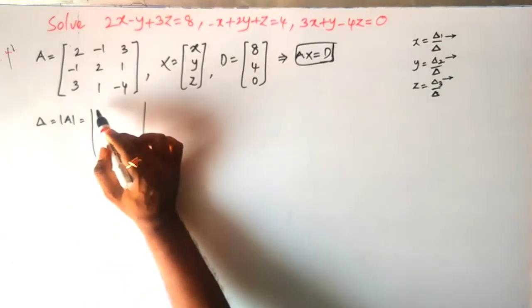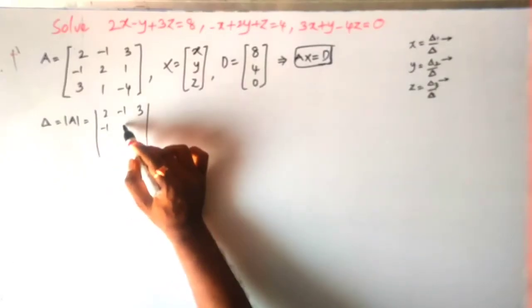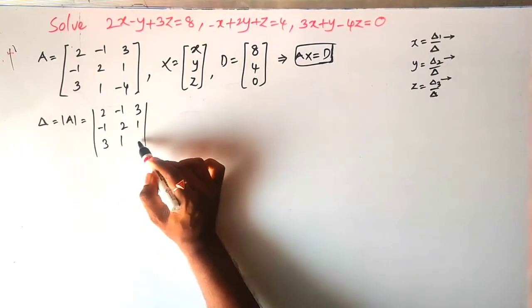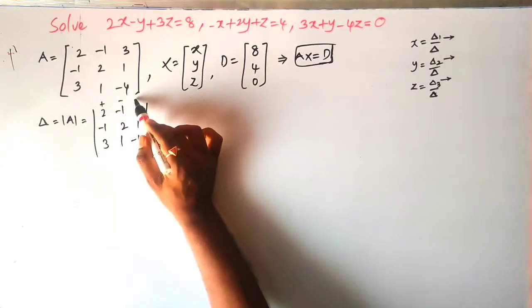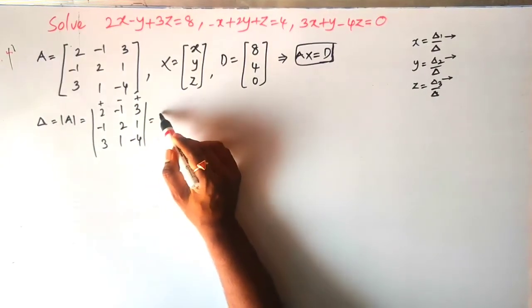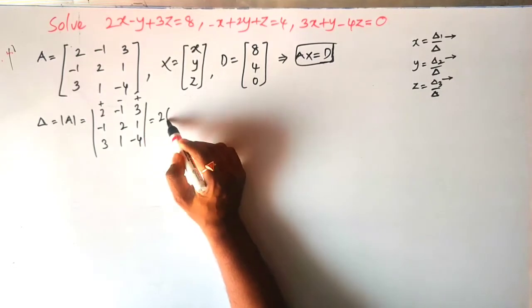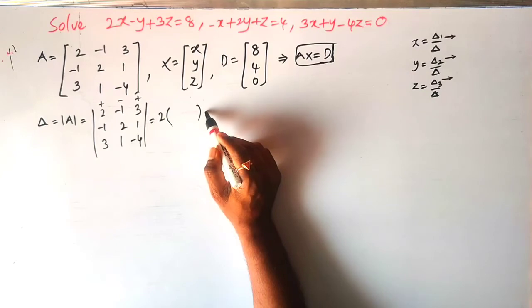det A: 2, -1, 3, -1, 2, 1, 3, 1, -4. We take plus place, minus place. We already solved this type of problem in the matrix inverse method in the previous video.